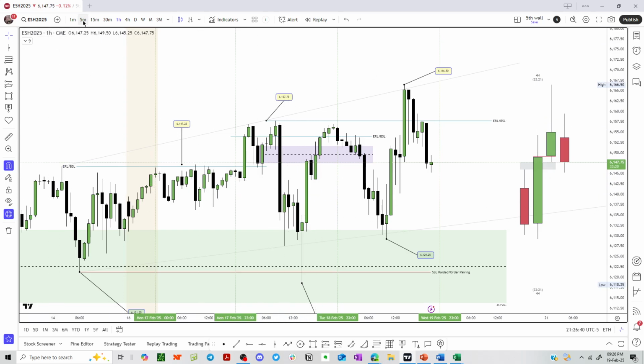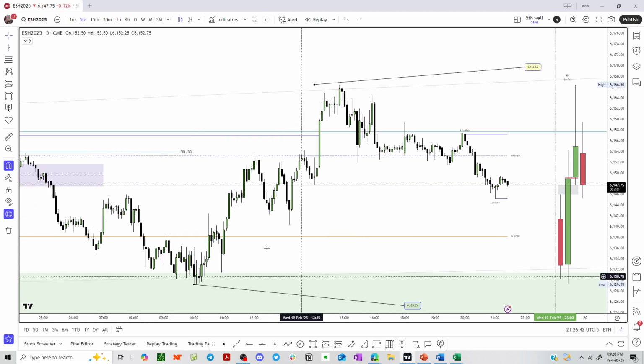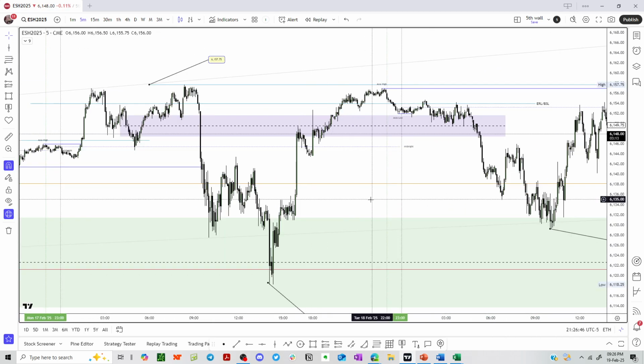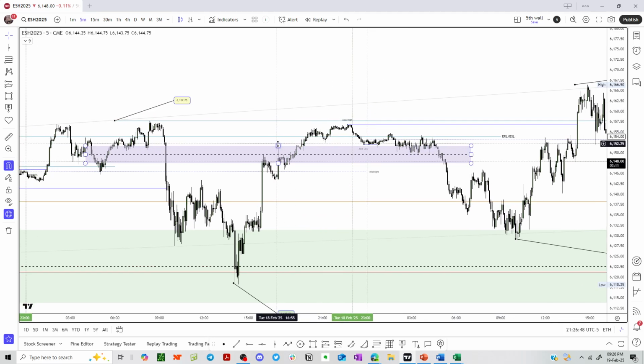I was plotting on the 5-minute, so real fast: this was the entry, this was the stop loss up here, and I was looking for price to trade below this consolidation and then this consolidation.